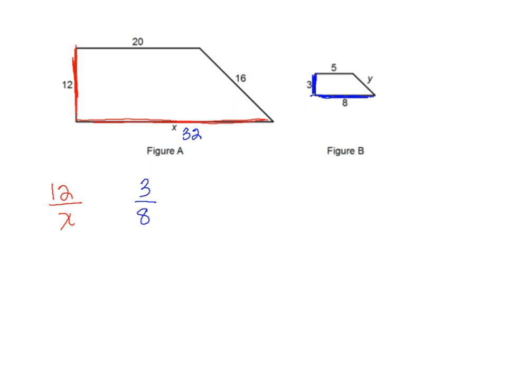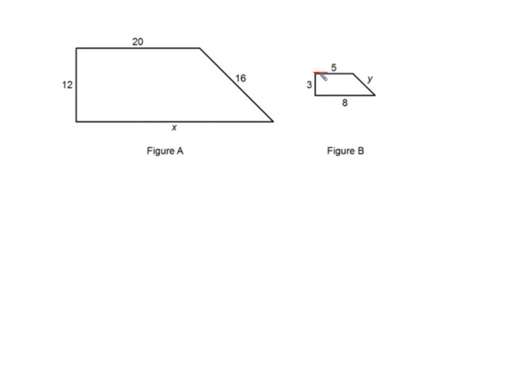Okay, now we're going to do the same thing for Y. Pick two sides that we can use. I'm going to use different colors. I use same colors, I just erased it.